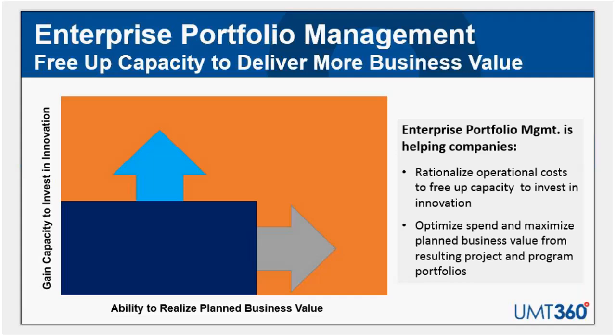And UMT360 is a solution that can help you with both of those angles. First, finding enough money for innovation, or finding the right money for innovation. And second, realizing the business value that is needed to maximize the ROI.